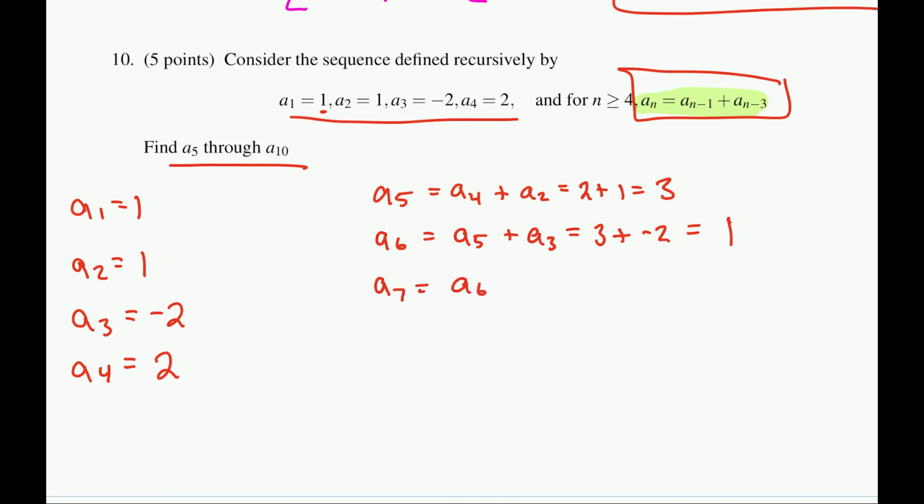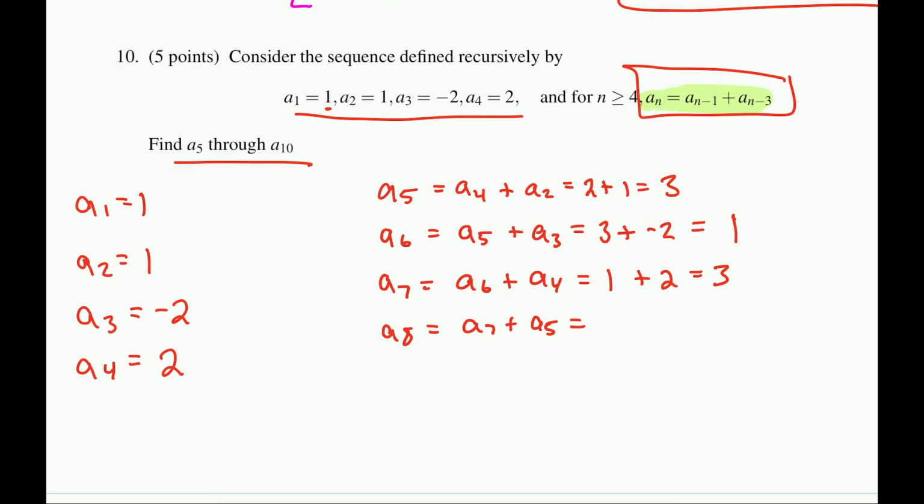A7 is going to be A6 plus A4. So A6 is 1 and A4 is 2, so we get another 3. A8 is A7 plus A5. So A7 is 3 and A5 is also 3. So 3 plus 3 is 6.